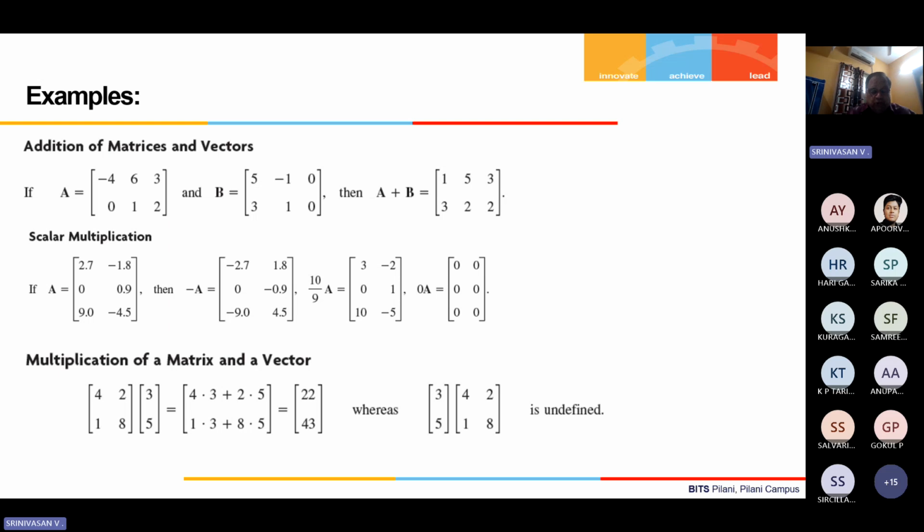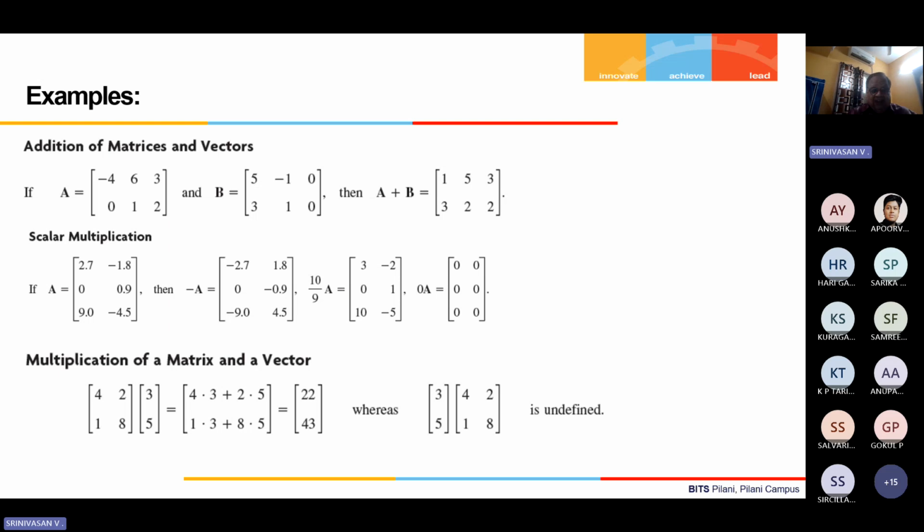This matrix is of order 2 by 2, and the second matrix is of order 2 by 1. So the number of columns of the first matrix is the same as the number of rows of the second matrix.